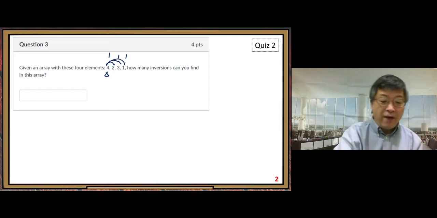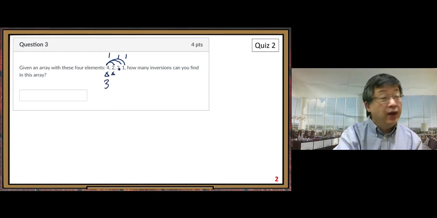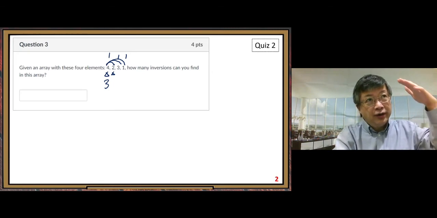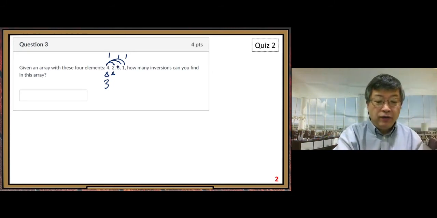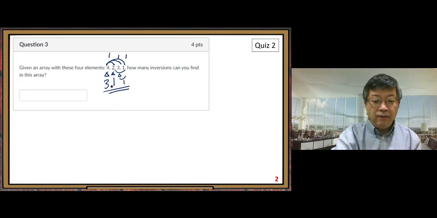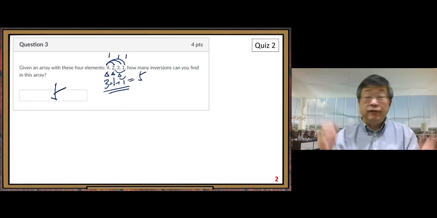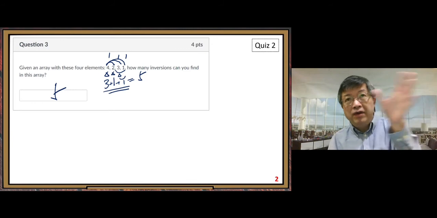So for 4, we have 3 inversions. 2 and 3, no inversion, natural order, good order. But 2 with 1, an inversion. 3 and 1, another inversion. So total 3 plus 1 plus 1, 5 inversions, the answer. Very simple, counting the number of inversions.